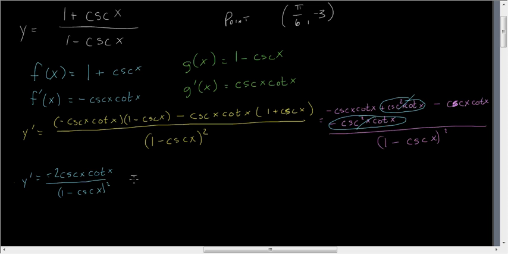Okay, now it looks like I might be able to use some kind of a trig identity. I can't think of it right now, but it's unimportant because all we have to do is evaluate it at x is equal to pi over 6.